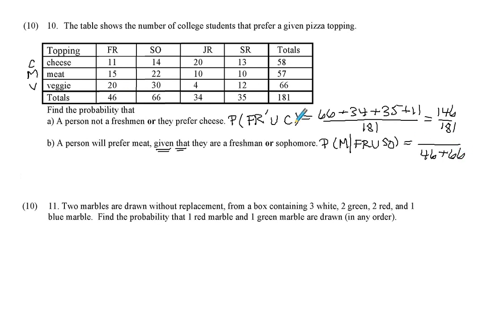And then out of those two columns, we want to know how many of those people like meat. That's your desired outcome. Out of the 46, 15 prefer meat, and out of the 66, 22. So 15 plus 22 in the numerator. So that's 37 out of 112.